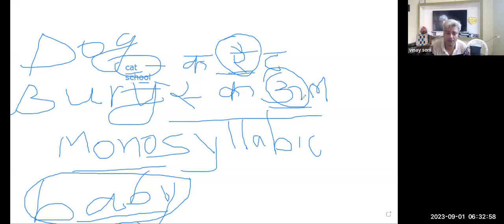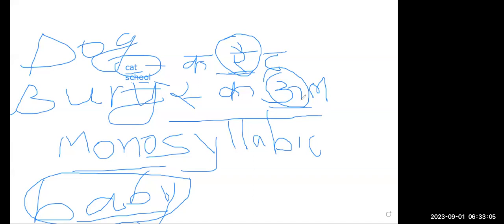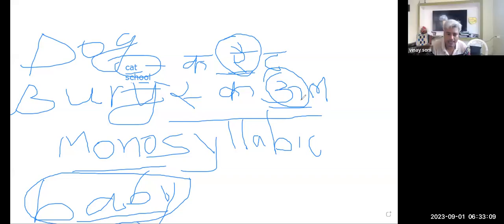Baby has 2 vowel sounds, A and E. Baby, baby. So A and E. Okay. Now, the thing is, obviously, baby has 2 vowel sounds, so it's not a monosyllabic word.